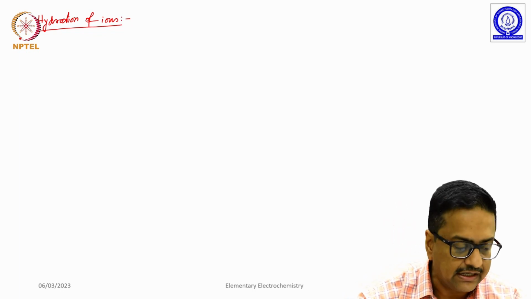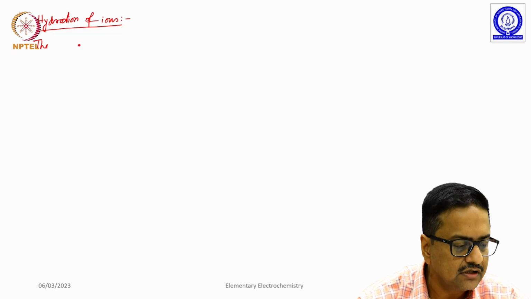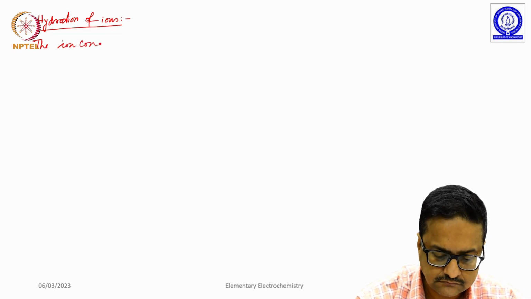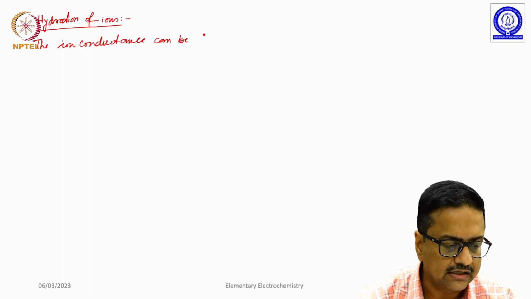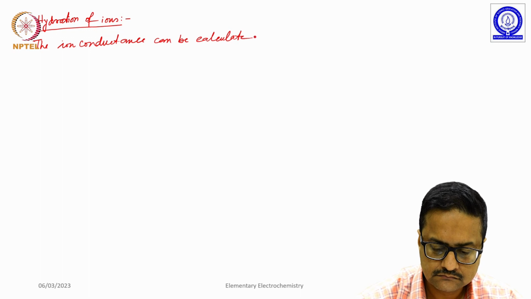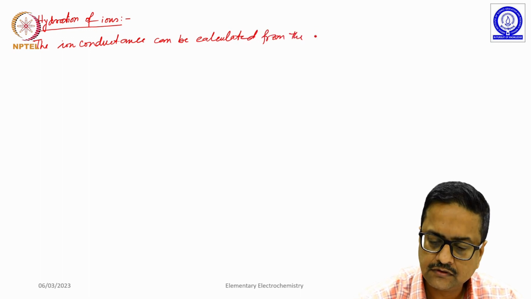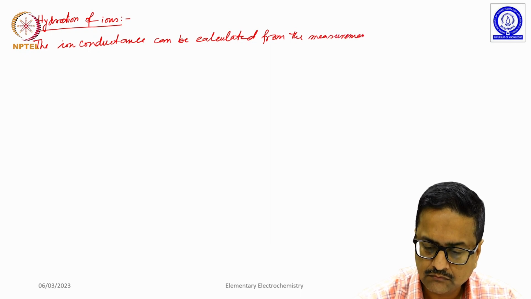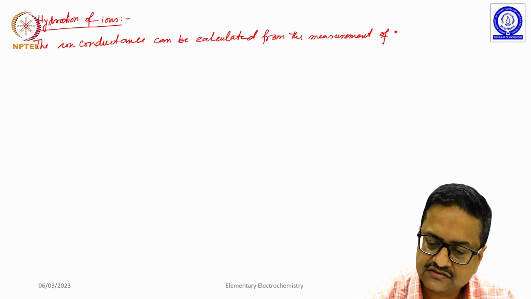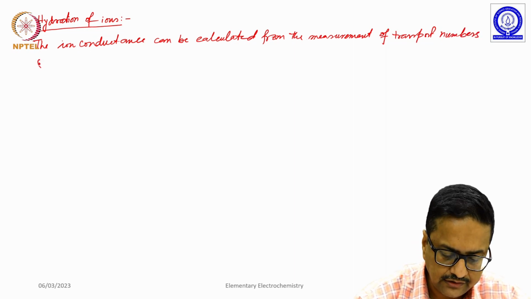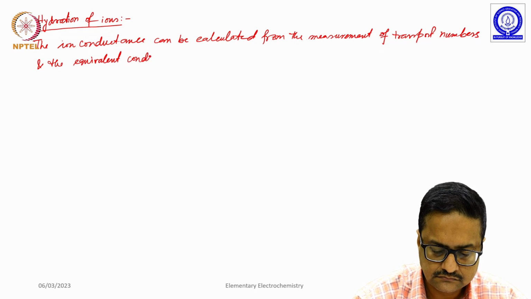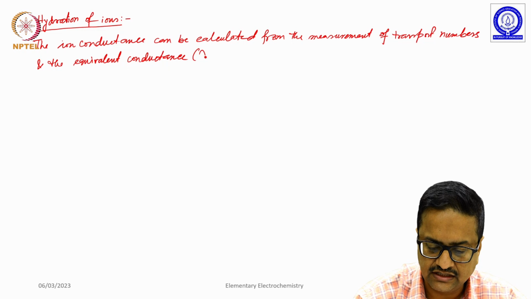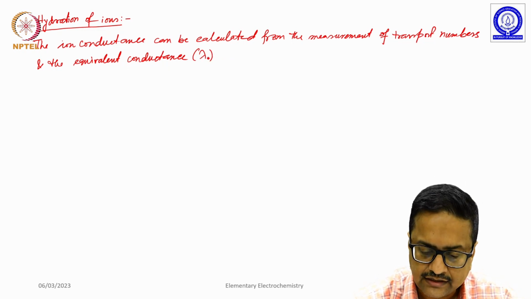So, what we know is that the ion conductance can be calculated from the measurement of transport numbers and the equivalent conductance, that is lambda, at infinite dilution.